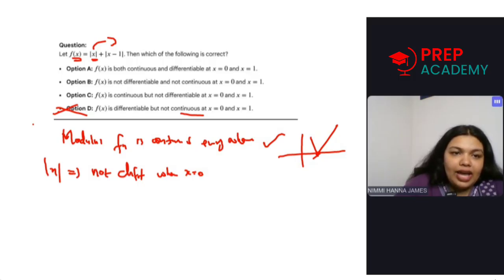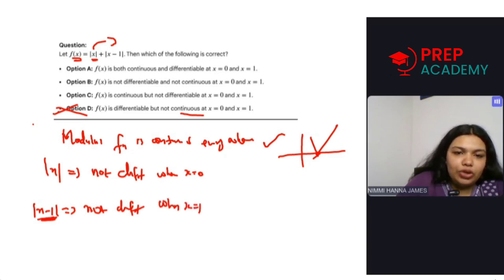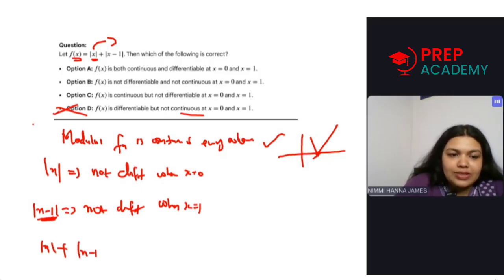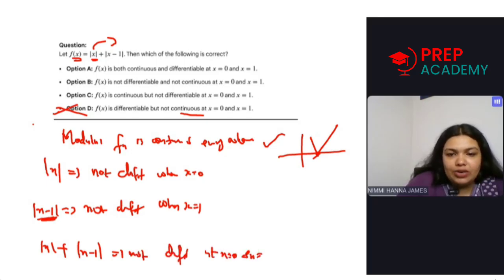Then we also have mod x minus 1. When does this value become 0? X minus 1 becomes 0 when x is equal to 1. So the function is not differentiable when x is equal to 1. So the function mod x plus mod x minus 1 is continuous everywhere, but not differentiable at x equal to 0 and x equal to 1.